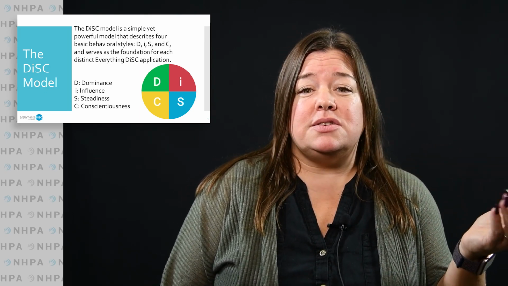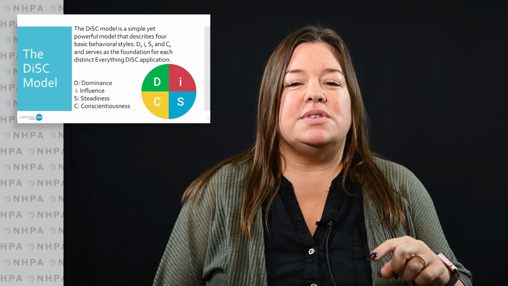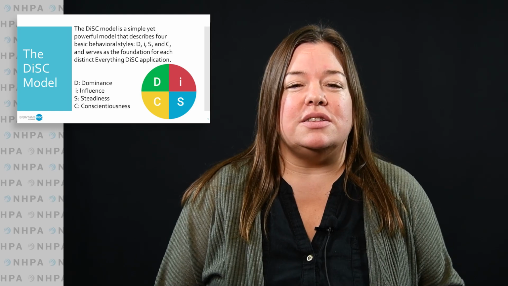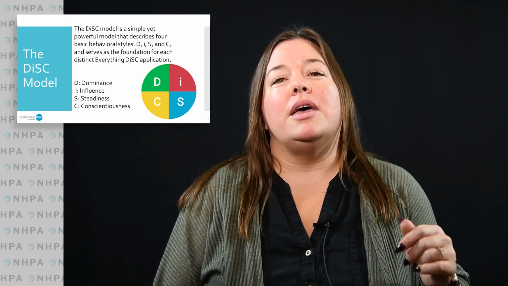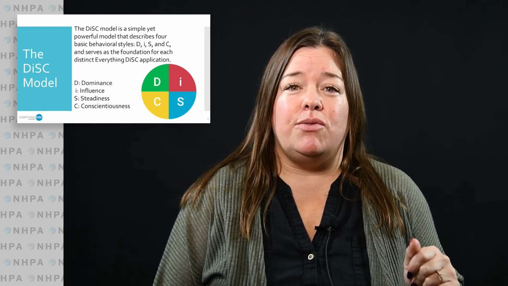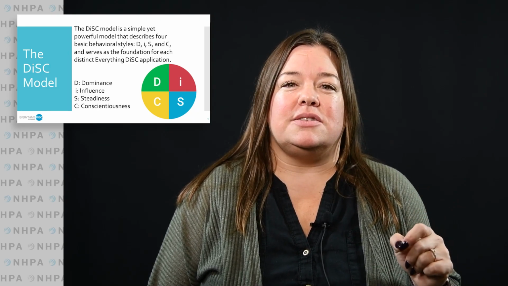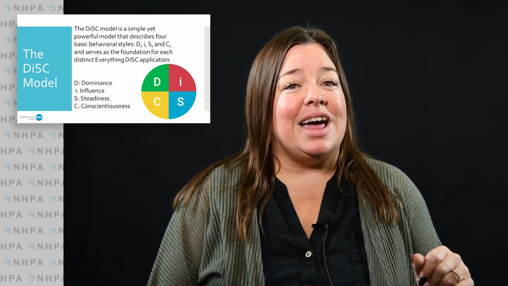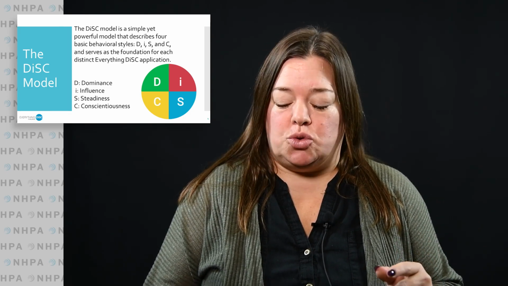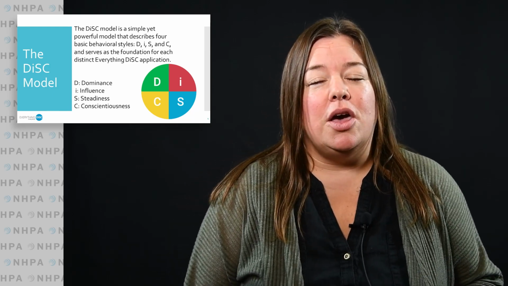Are you fast-paced or slow-paced? And it also will tell you how you may prefer to respond to rules and regulations. So let's break those down a little bit. The D stands for dominance, the I stands for influence, and the S stands for steadiness. Last but certainly not least, the C stands for conscientiousness. We'll get into each one of those styles here in just a moment.